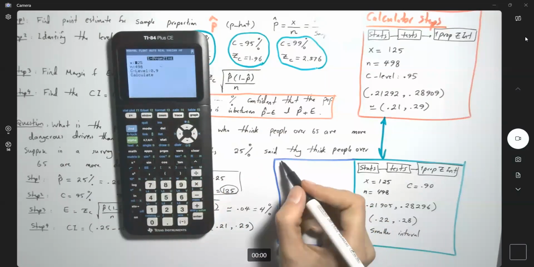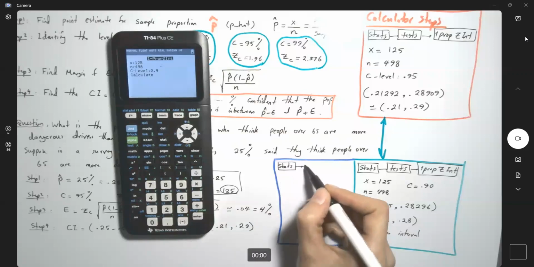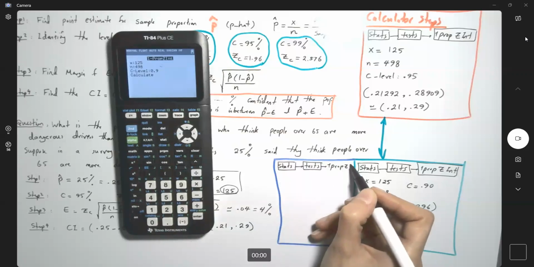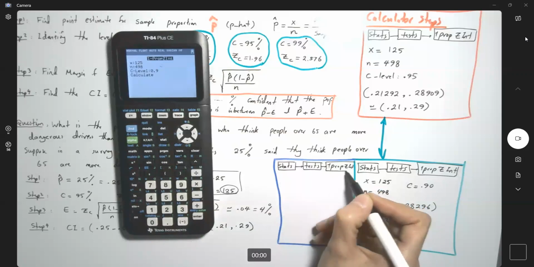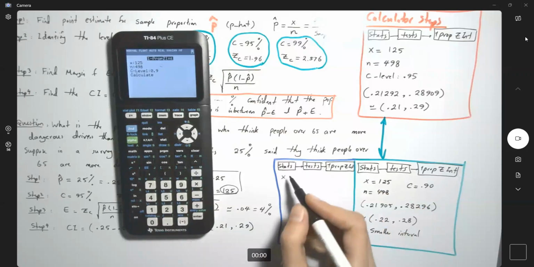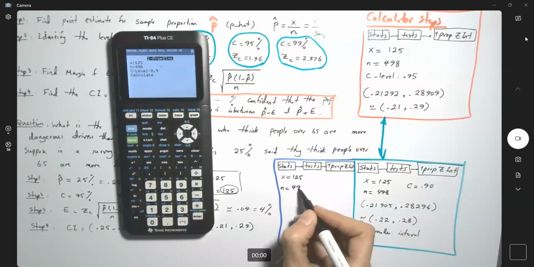Okay. These are important steps, guys. That's why I keep writing this for you so you remember them. When you're taking an exam, working on your homework, these are the steps that you need to take. X is 125, N is the same, 498.